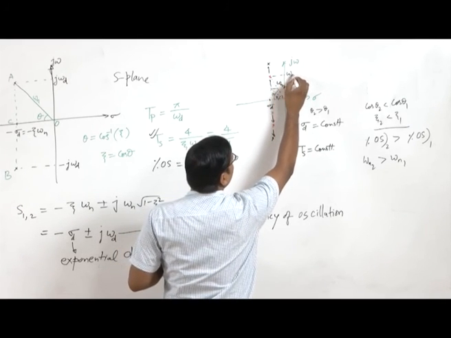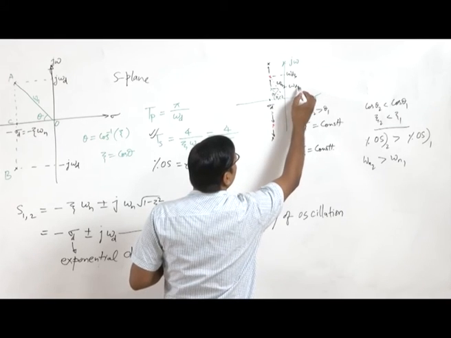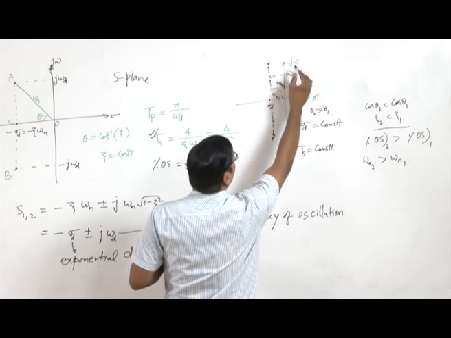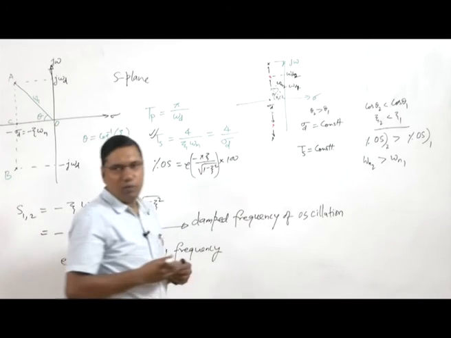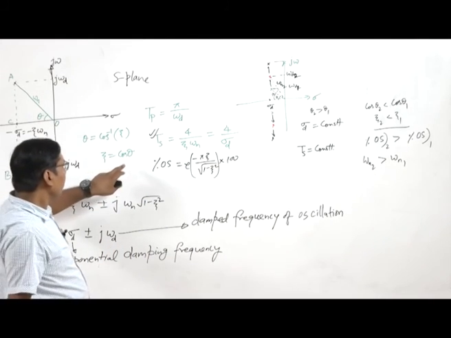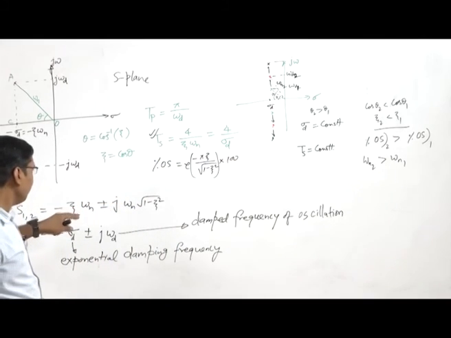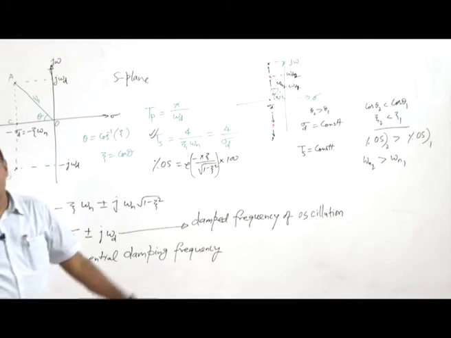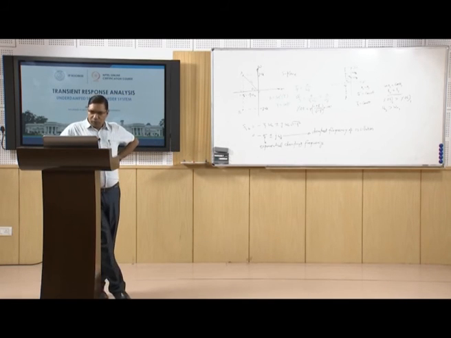Here is omega d3, omega d2 and omega d1. So omega d2 is greater than omega d1. So peak time will decrease for the last one, because the omega d3 is even greater than omega d2. So peak time is inversely proportional to omega d. So here peak time is decreasing.